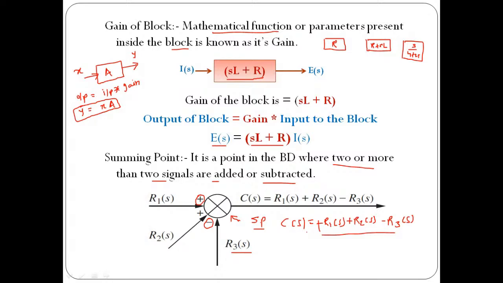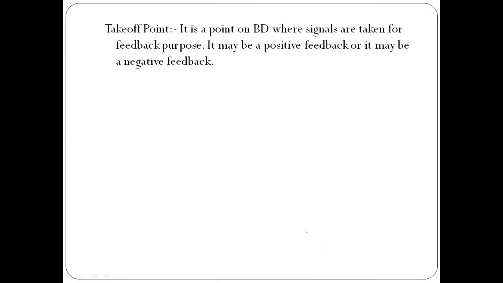If you are done with this, let us move ahead. Now what is a takeoff point? A takeoff point is a point in a block diagram where the signals are taken for feedback purpose. Just like we have a summing point in a block diagram where we add or subtract two or more signals at a time, in the same way, on the same topology, we have one more point in the block diagram that is called the takeoff point.